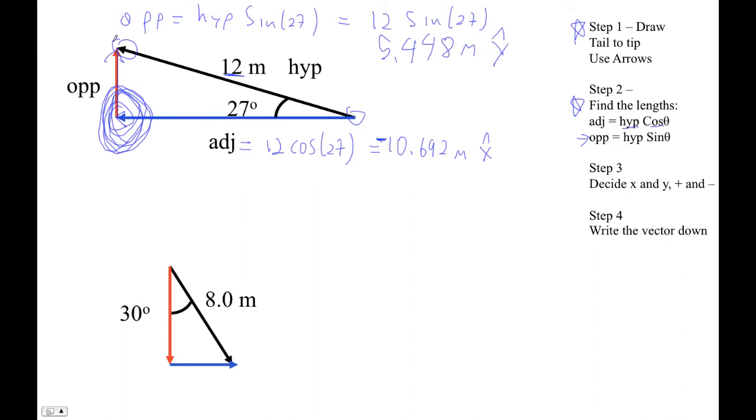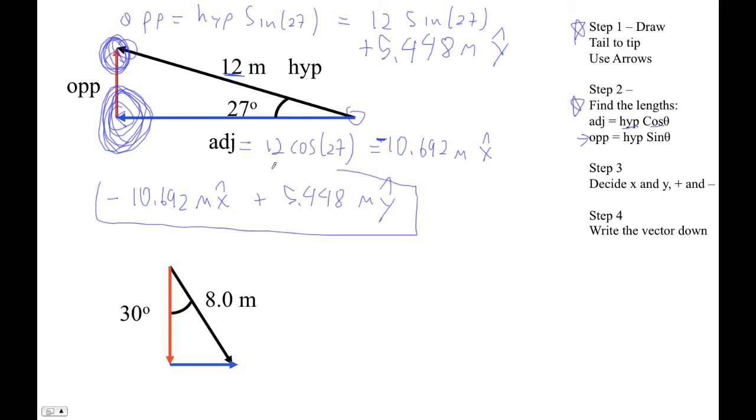Since it goes up, it's positive. So now I just have to write this. Negative 10.692, plus 5.448 meters in the y direction.